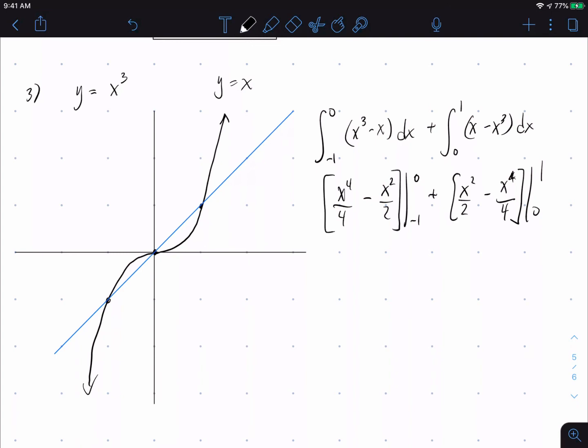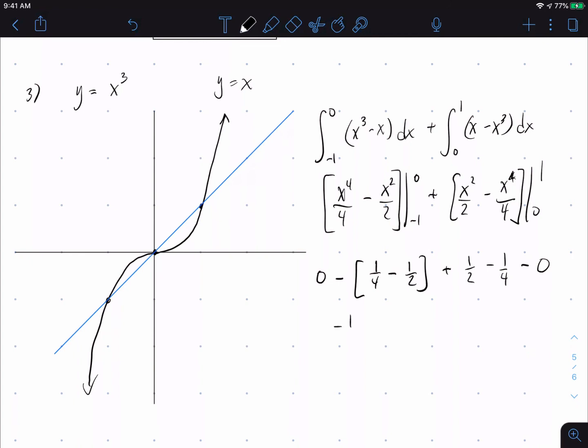And so I should get 0 minus 1/4 minus 1/2 plus 1/2 minus 1/4 minus 0.